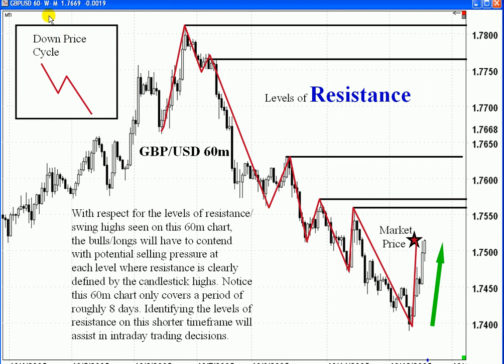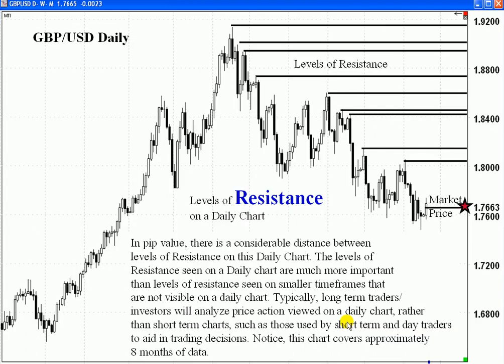As this is a 60-minute chart, or a 60-minute time frame, you'll see that these are interim high points. Each of these high points is an interim high point, as we're only covering a period of approximately 8 days, versus looking at a daily chart as we saw previously.